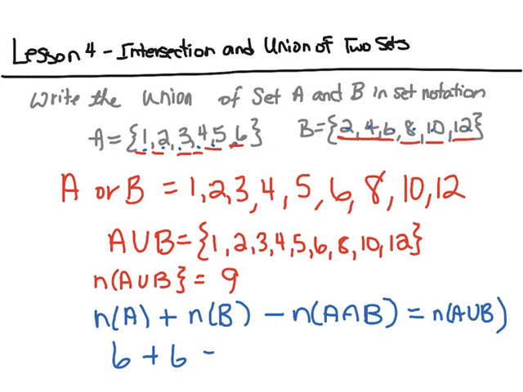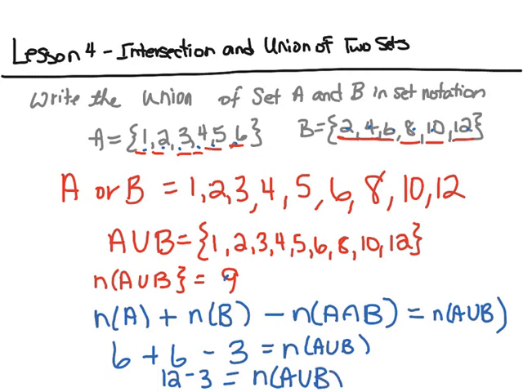And we know the intersection from our previous example had 3. So we have 12 minus 3 is our union, which is 9, just like we got here. So that is another way you can solve to find your union without having to write out all the terms. It's easy now because there's only 9 of them, but when you have hundreds of them, you don't want to write them all out.